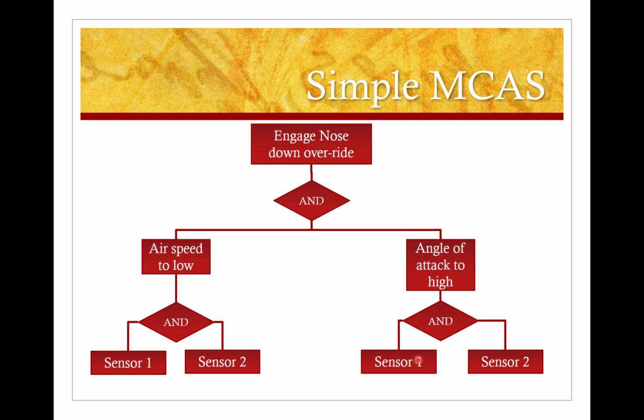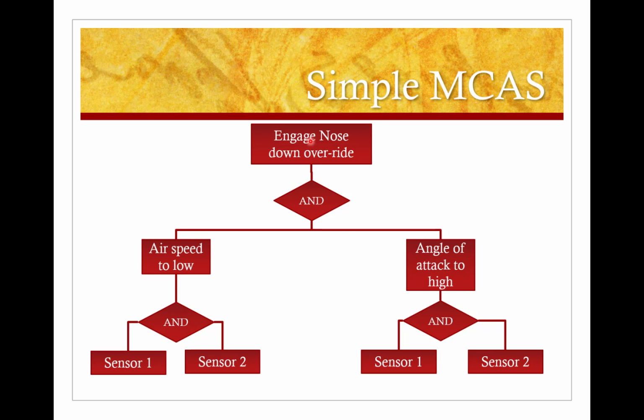So in the angle of attack, if you have two sensors that are measuring the angle of attack, you're going to require both of those sensors to report an angle of attack that's too high, and both of the airspeed indicators to indicate an airspeed that's too low for that given angle of attack, and then you would engage the nose down override.